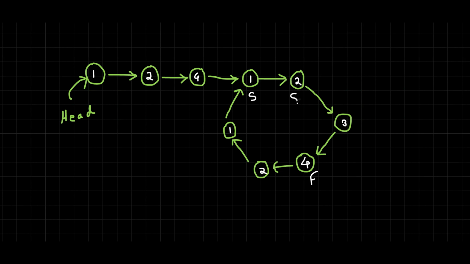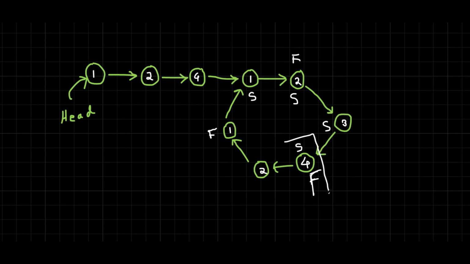Now, S will be shifted 1 unit here and F will be shifted 2 units here. Now, S will be shifted 1 unit here and F will be shifted 2 units here. Now, S will be shifted 1 unit here and F will be shifted 2 units, so F will again be in this position.